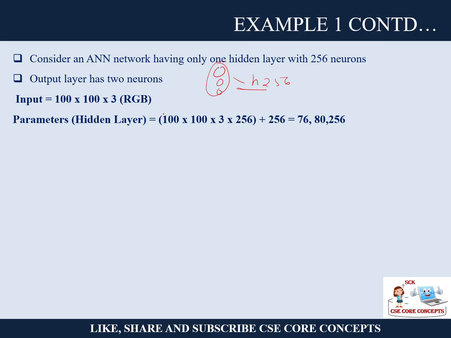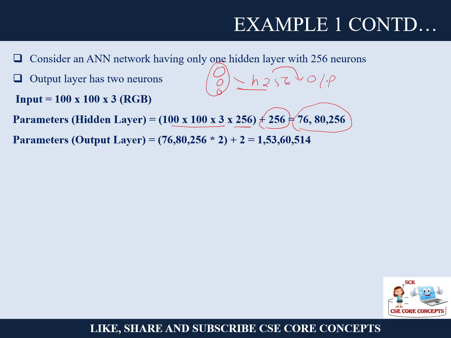So 100 into 100 into 3 into 256 hidden neurons plus the bias. So this is your value. Now from hidden to output you have to go, let's say there are only 2 outputs. So this multiplied by 2 plus 2 is this. So if you add these two, the total number of parameters is huge as compared to a CNN model.